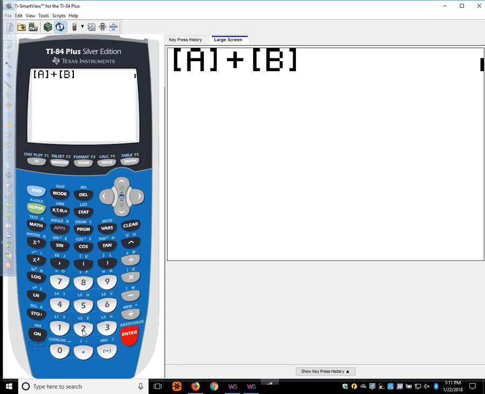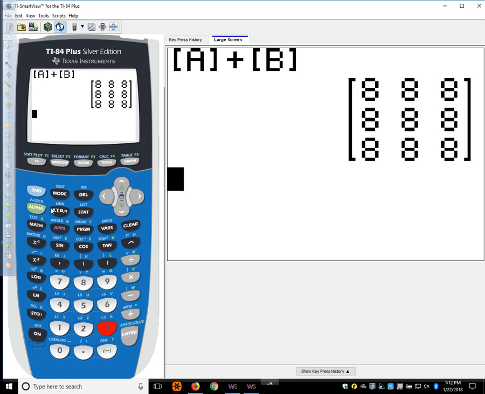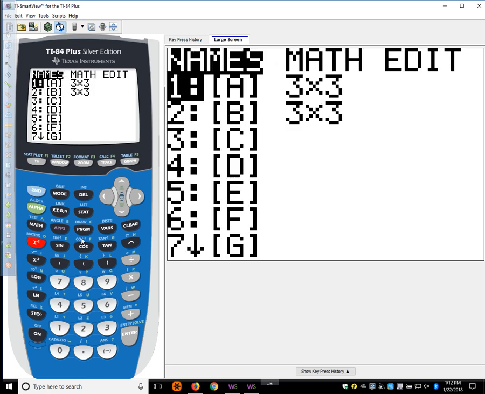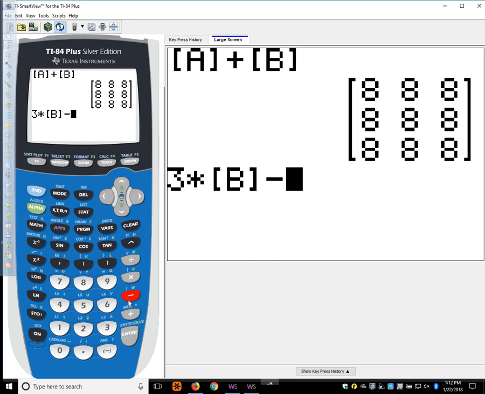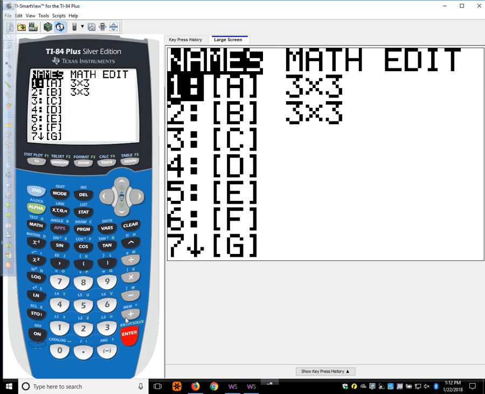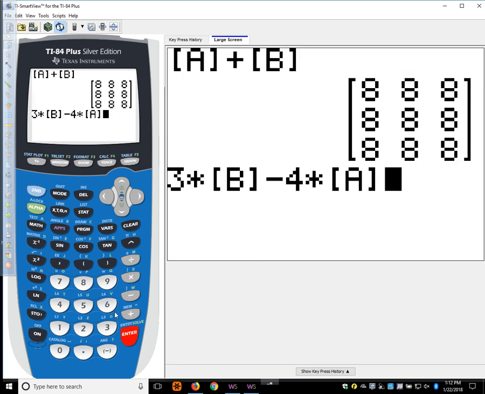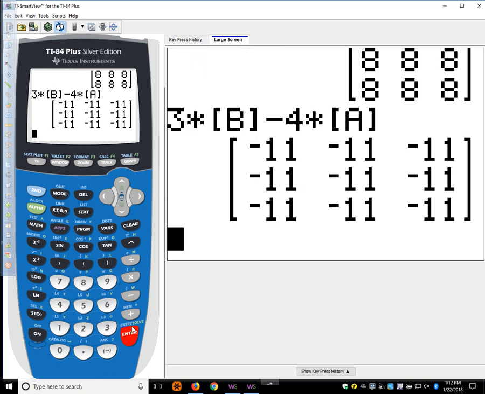I could do 3 times B minus 4 times A. Just type it in just like you were typing in numbers, and that gives me a matrix full of negative 11s.